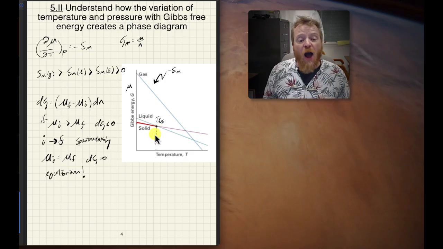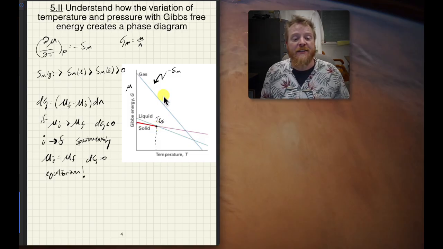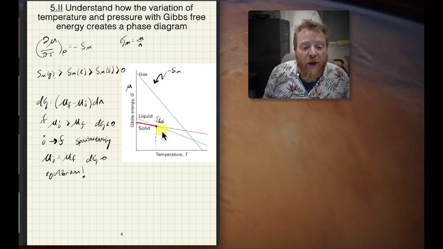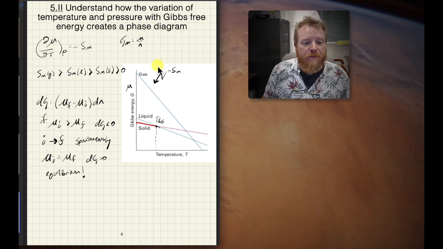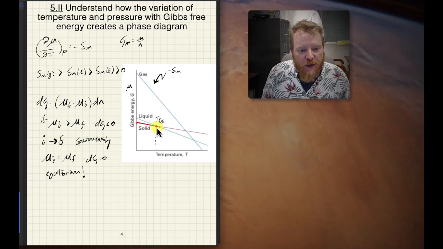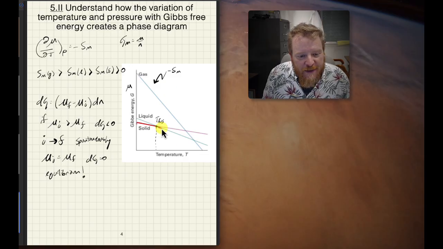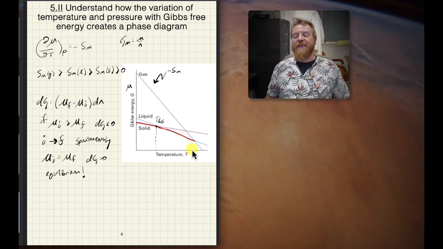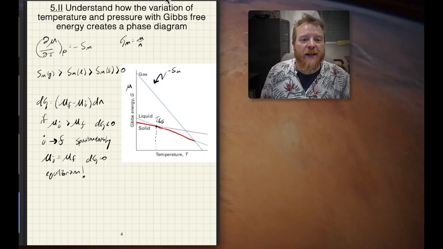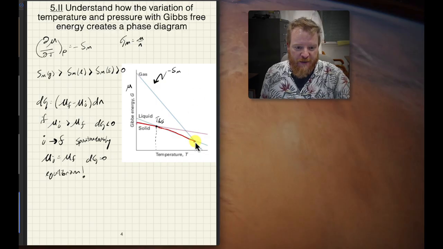And so now if we move past this point, the liquid has the lowest chemical potential. And so that is the one that's going to be observed, okay? So now we've passed the fusion point and we're on this liquid line. We hit this other point where the two chemical potentials are intersecting, right?